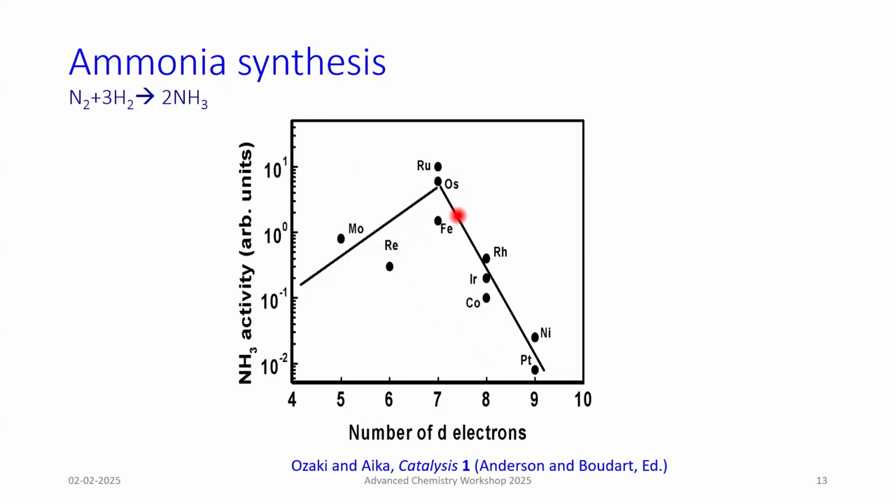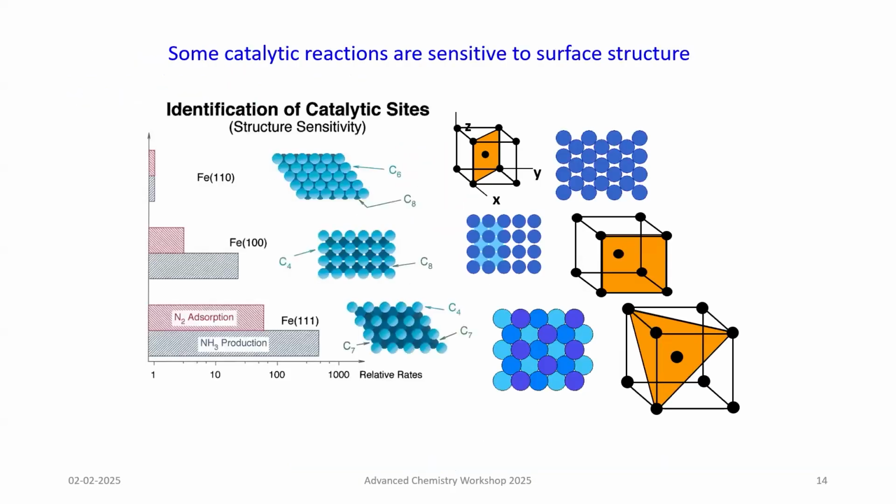But then it is showing the best ones are ruthenium, osmium and iron here. Sometimes molybdenum also. But iron has already been used. Osmium is not used because osmium is toxic. So they avoided that. Now people started looking at ruthenium also.